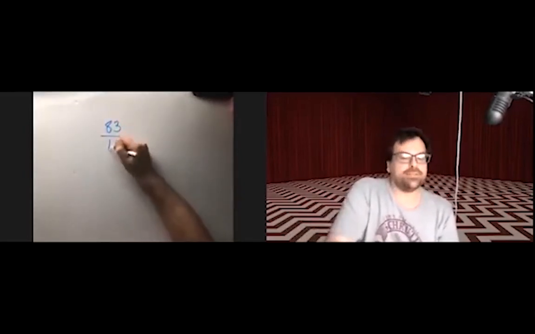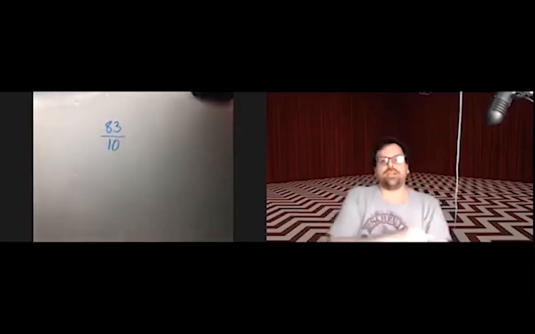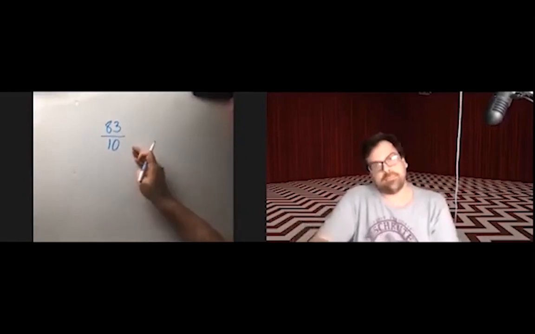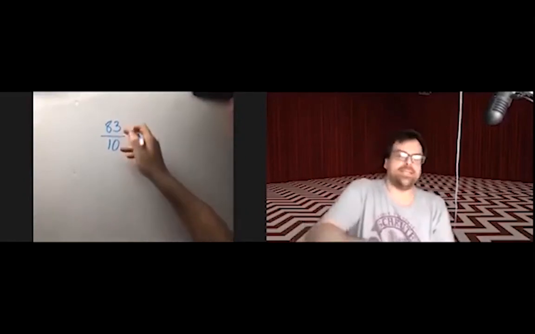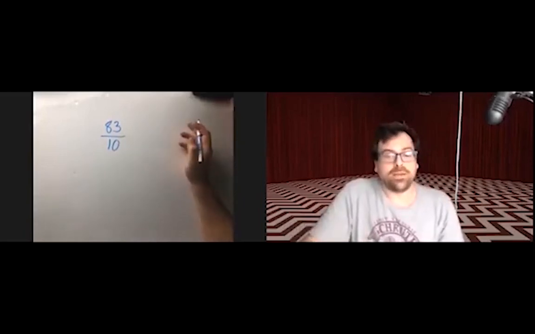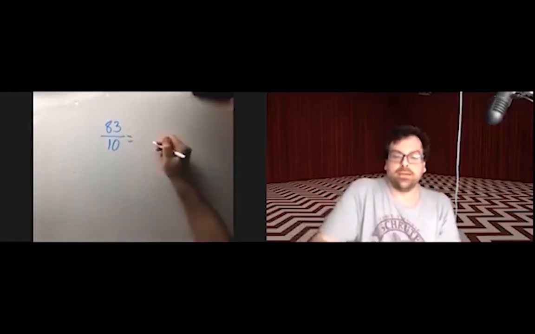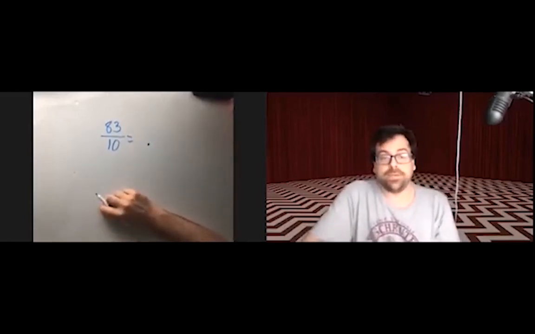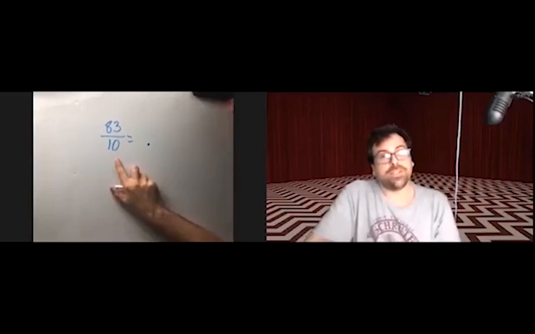83 tenths. We can still use our trick because we have tenths. But this is an improper fraction, so we would be expecting a mixed number. We would be expecting something greater than 1. There's going to be something to the left of the decimal point. So we're looking for tenths.